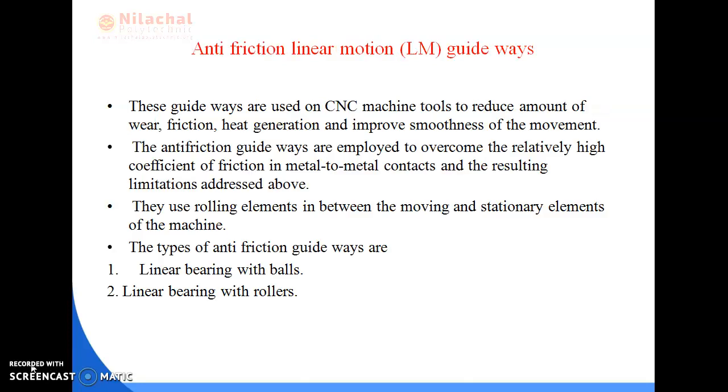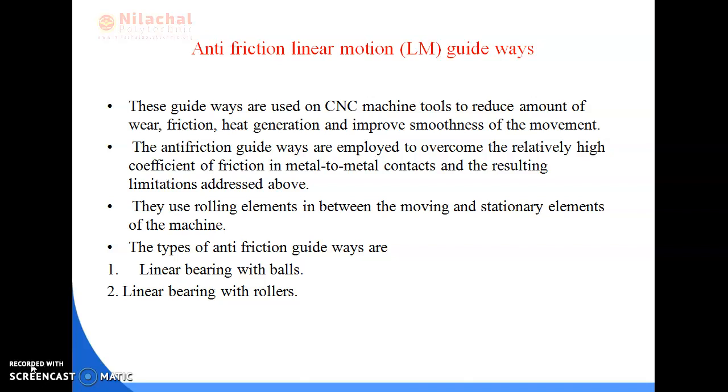Then I will come to anti-friction linear motion or LM guideways. These guideways are used on CNC machine tools to reduce the amount of wear, friction, heat generation and improve smoothness of the movement. The anti-friction guideways are employed to overcome the relatively high coefficient of friction in metal-to-metal contact and the resulting limitation addressed above.